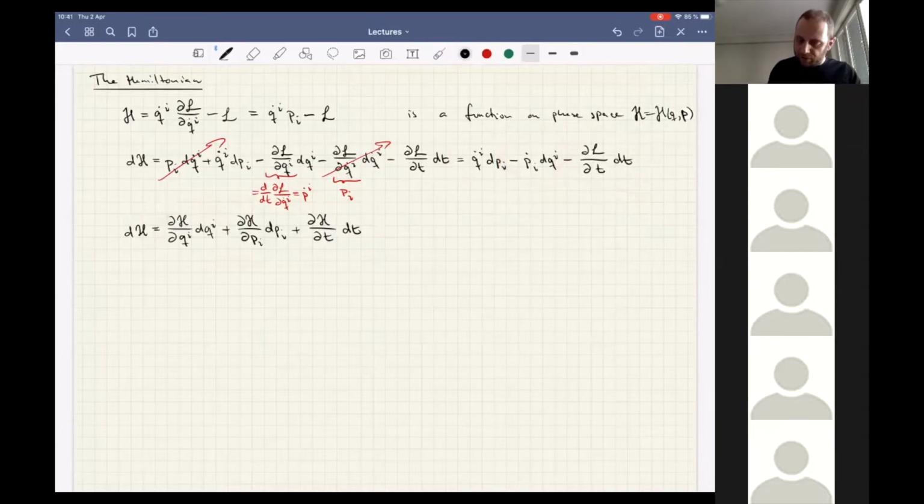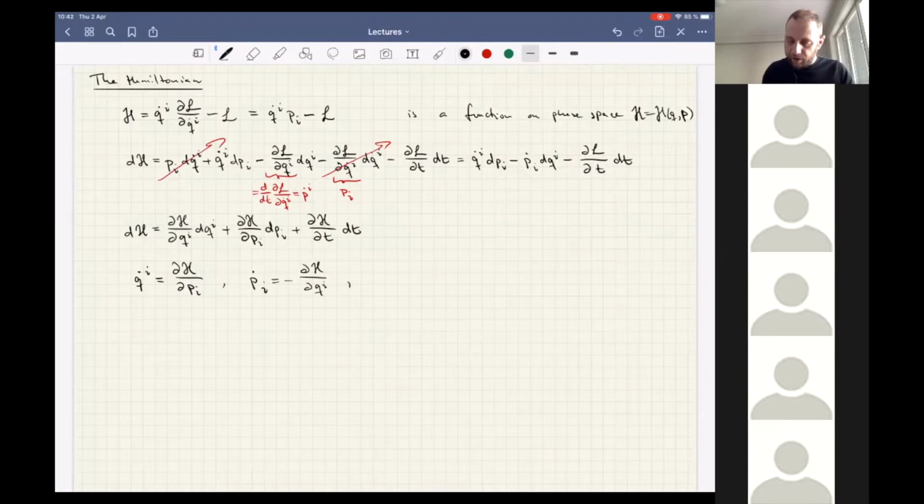So what we can see from this is in particular that q dot i, well, that's what's in front of the dpi, so that's ∂H/∂pi. p dot i, which is minus what's in front of the dqi here, must be the same as in front of the dqi in the other, so that's minus ∂H/∂qi.